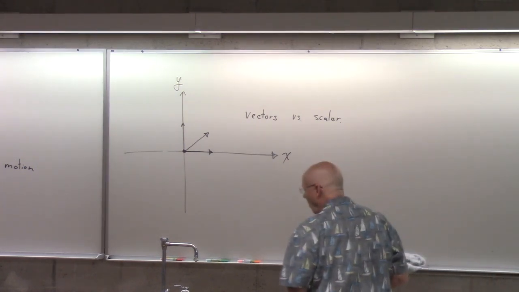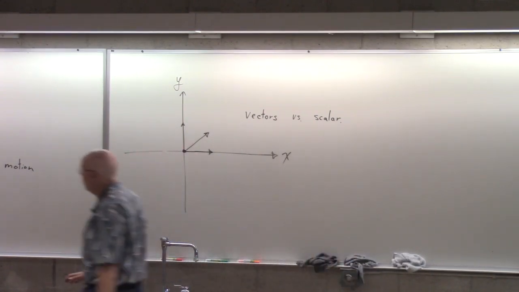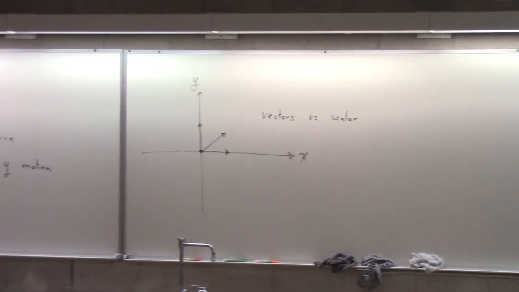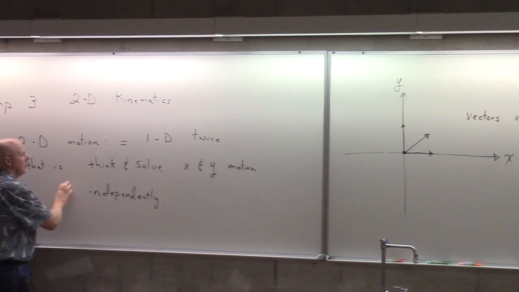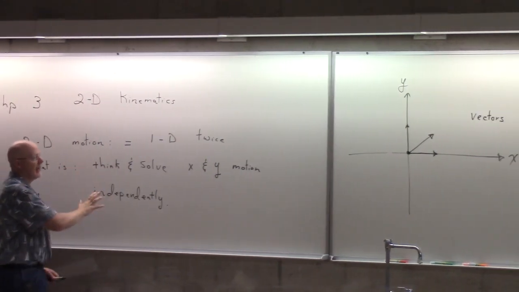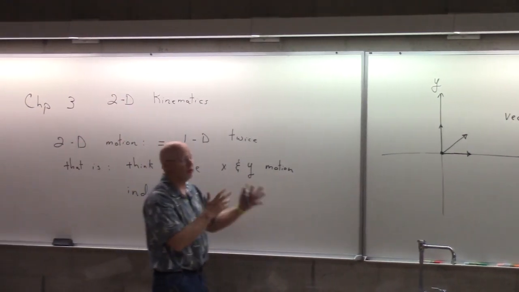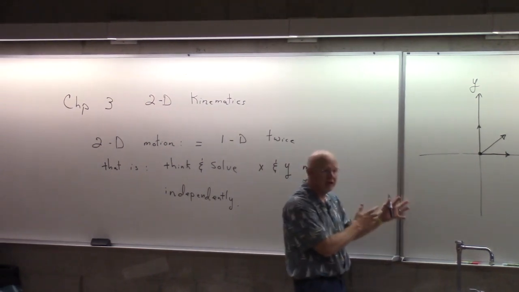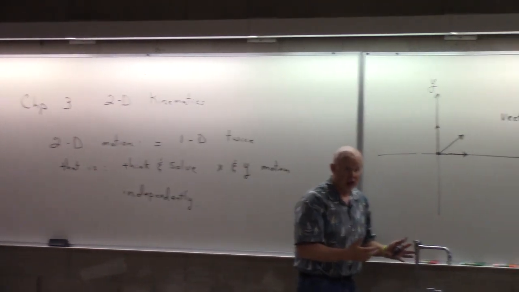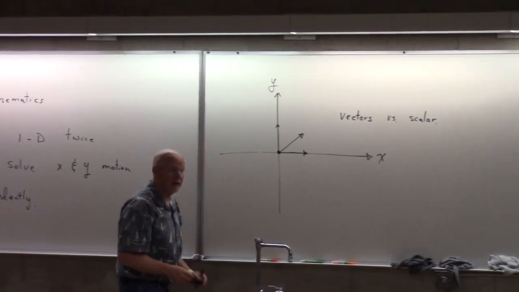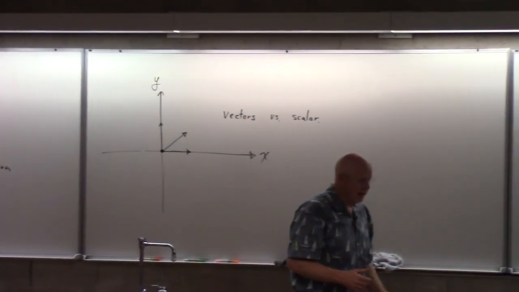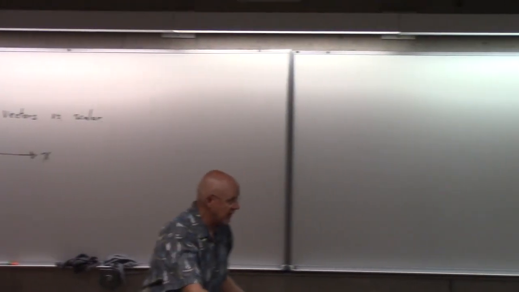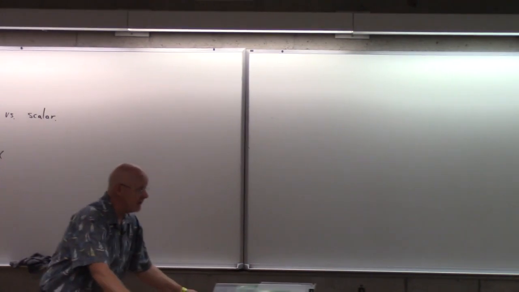So I want to take a few moments and say, let's look at just direction in 2 dimensions in general before we really get into our kinematics. And I like to do that by maybe giving myself a little bit of space here.